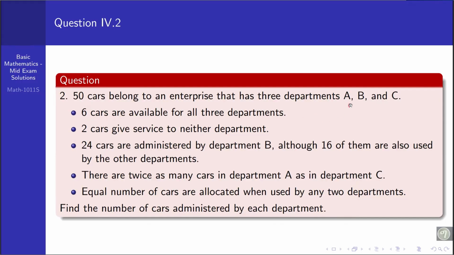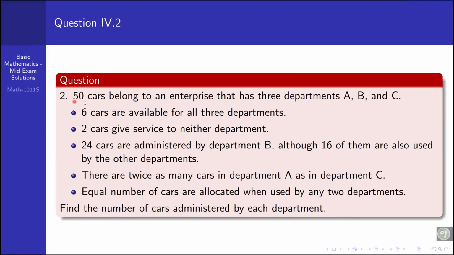That is, for all A, B, and C, there are 6 cars out of 50 which are available for all the 3.